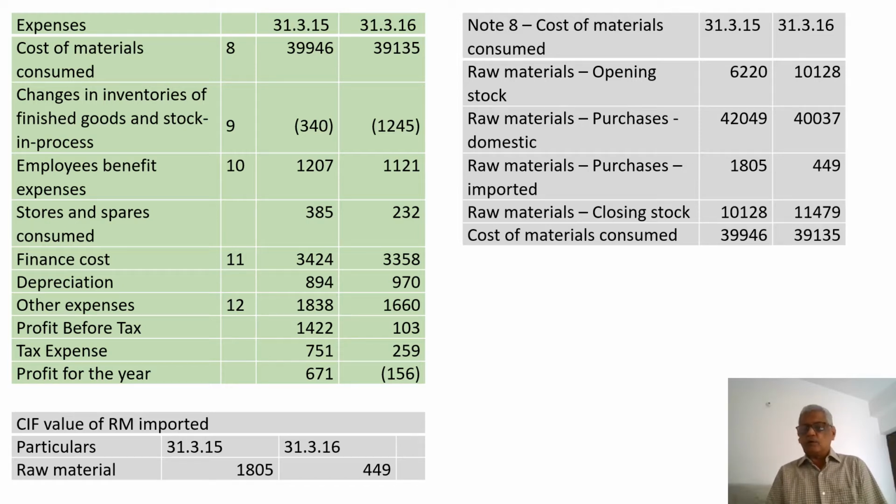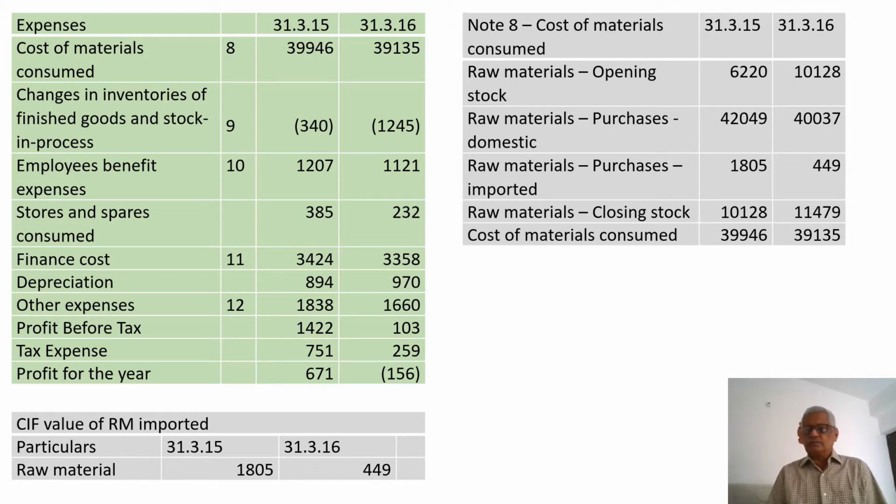That talks about raw materials opening stock. Then raw material purchases, domestic sources, that is the purchases from the Indian market, and raw material purchases imported, then raw material closing stock. So the opening stock of raw material plus purchases minus the closing stock of raw materials will give you the cost of materials consumed.